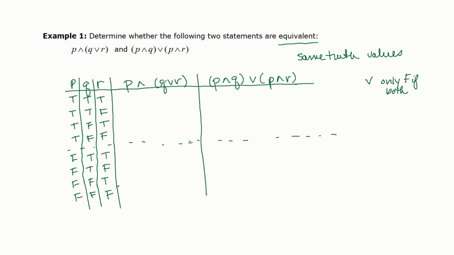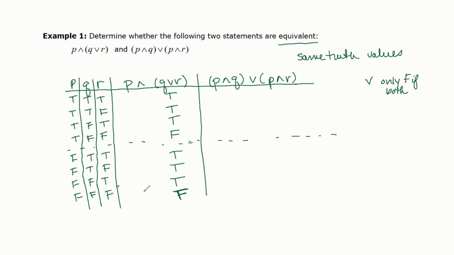So for Q or R, I'm going to have true or true, true; true or false, true; false or true, true; false or false, false. Same thing here: true or true is true, true or false is true, false or true is true, false or false is false. So that gives us that column.